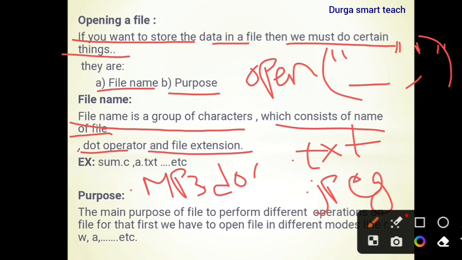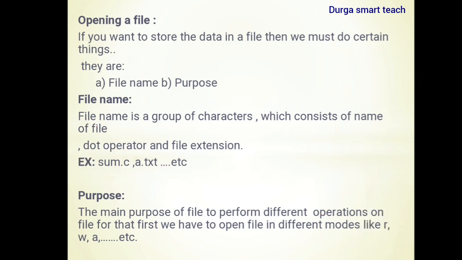So the file name represents the name of the file and it contains the extension. See this sum.c: this is a C file because the C language uses the .c extension. Next, a.txt: a is the file name, txt is the extension, so this is a text file.